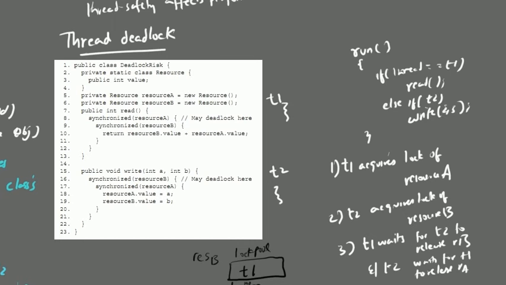So T2 would be waiting for T1 to release A, and T1 would be waiting for T2 to release B. It's not going to happen.